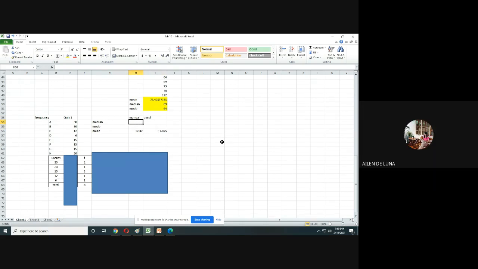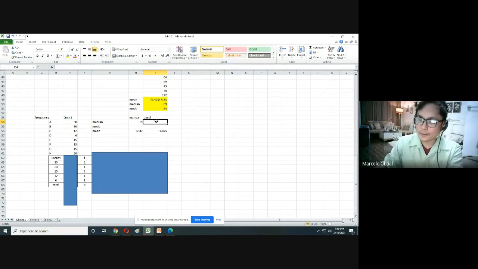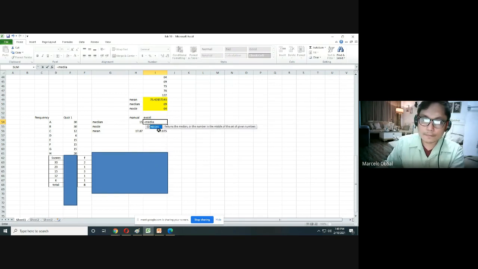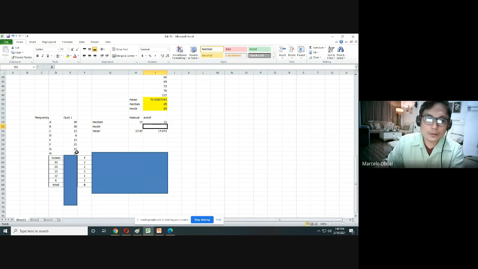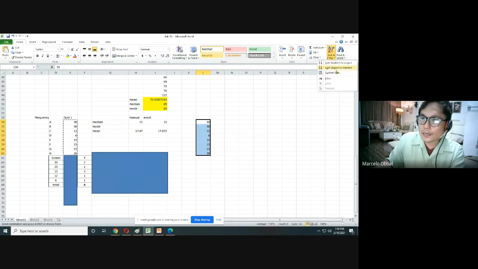15. Kasi nakita natin kanina 15, no? So, Excel. Median. Okay, using the manual method, we'll paste here. Tapos arrange natin from lowest to highest.